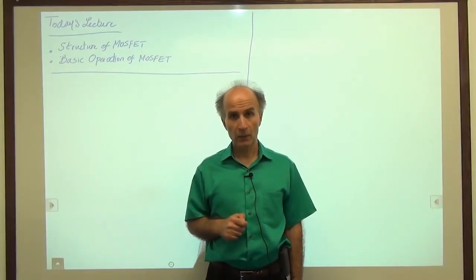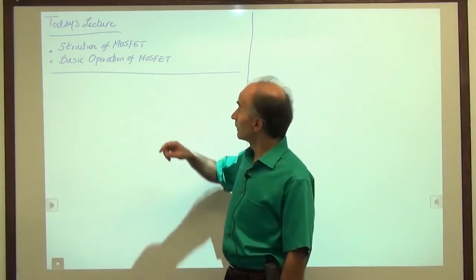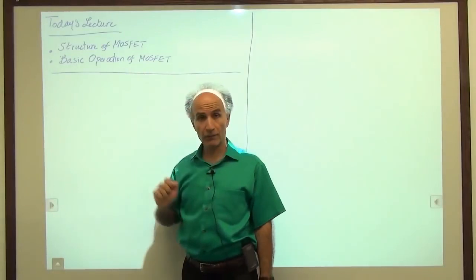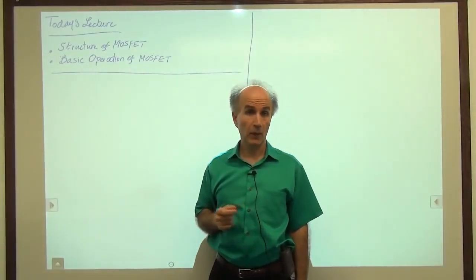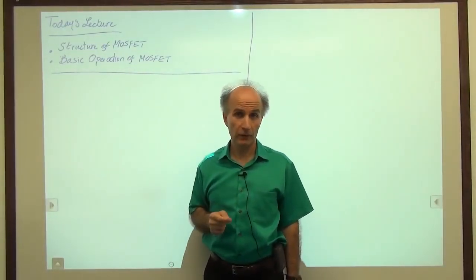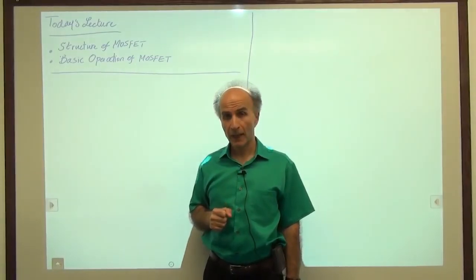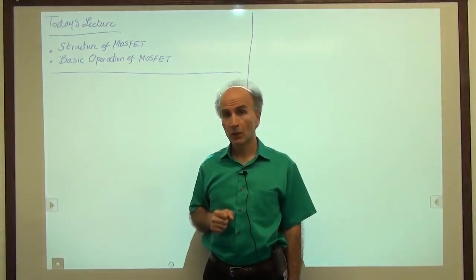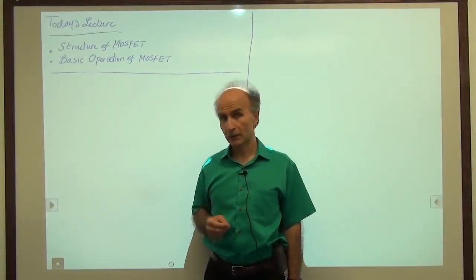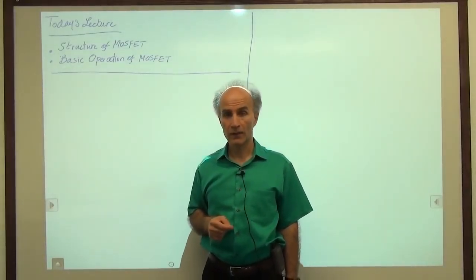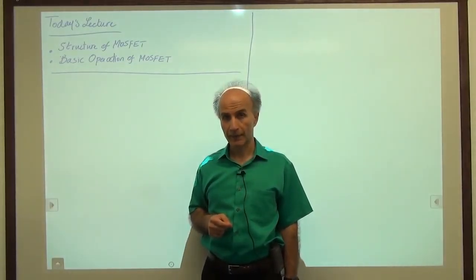So today we will start as follows. We will take a look at the structure of the MOSFET, see what it is. It's a new type of device, a transistor. And then we will go into its operation a little to just qualitatively understand how it works.